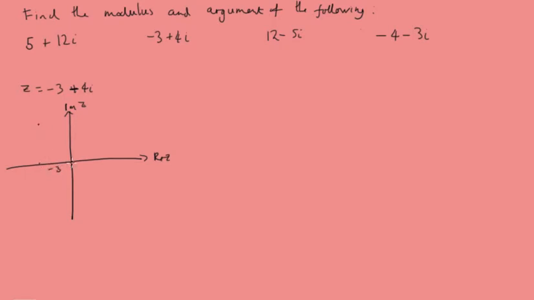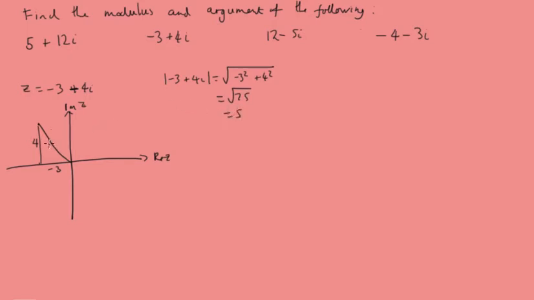This is minus 3 and this is 4. So we can find our modulus of minus 3 plus 4i is going to be minus 3 squared plus 4 squared, which comes out at 25, and the square root of 25 is 5.